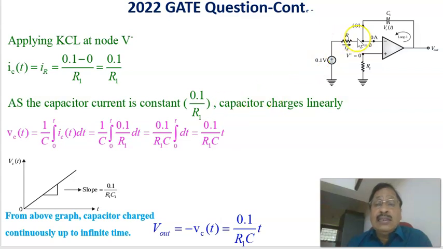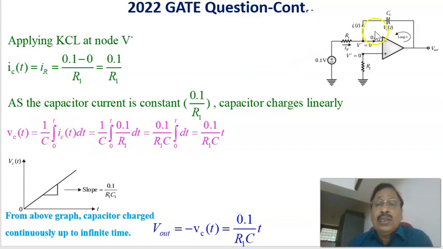Since a constant current flows through the capacitor, the charge increases linearly, and due to this increase in charge, the voltage across the capacitor, VCT, is equal to 1 by C integral of ICT dt, that is 1 by C integral from 0 to T of ICT dt.